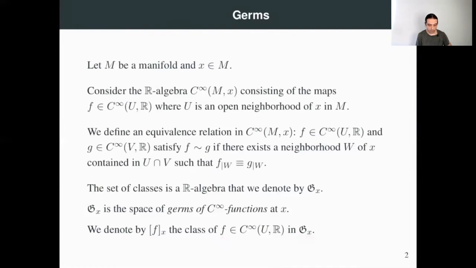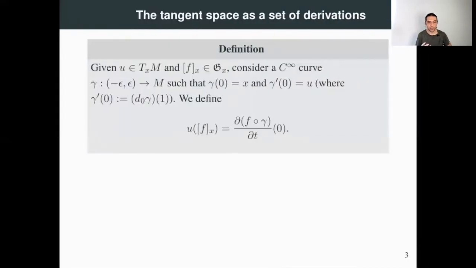And now we want to interpret the tangent space of the manifold M at the point x as a set of derivations. So let us consider a tangent vector u at the point x and then a germ of function f.